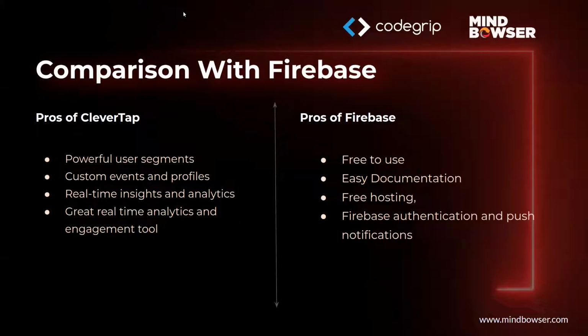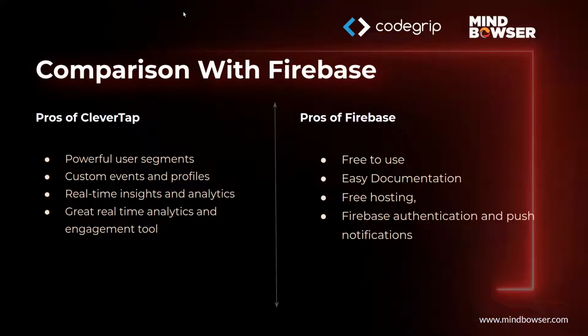Then next one is custom events and profiles. So in CleverTap, we can define custom events in the app from where we want to collect the data. For example, we can add an event on a particular screen to count how many times a user visited a particular section or a particular screen.